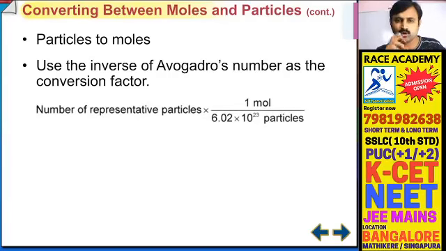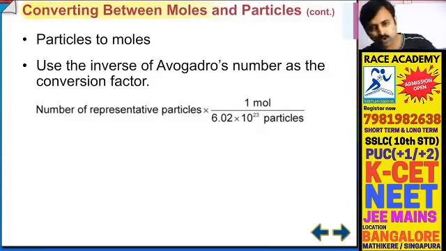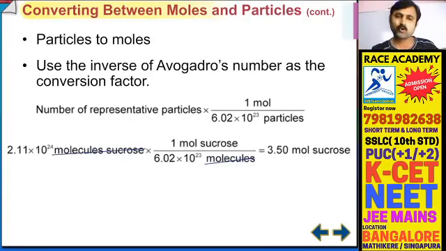So when you want to convert particles into moles, you take the reciprocal of the Avogadro number with the particles given in the question. We already found the particles in the sucrose is 2.1 × 10^24. If those particles are divided by the Avogadro number, we again get 3.5 moles of sucrose. So the problem is very clear.